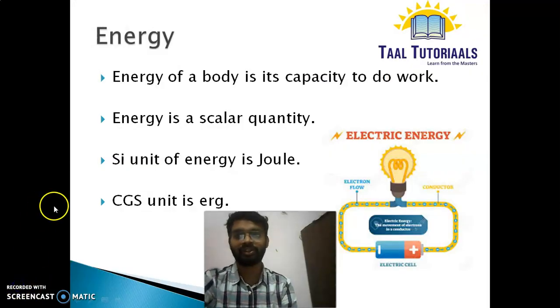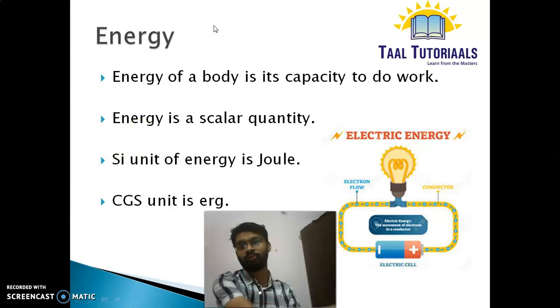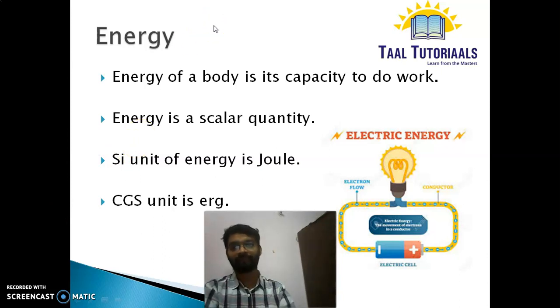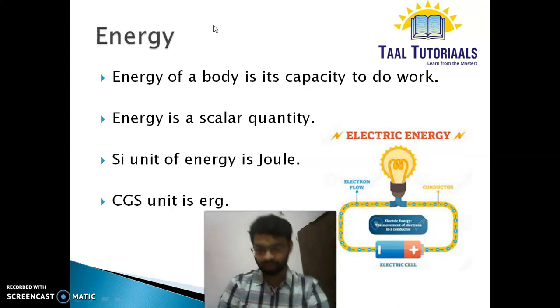What is energy? Energy of a body is its capacity to do work. With the diagram we can understand that a body capable of doing any work is said to possess energy. The energy possessed by the body is measured by the amount of work that body can do.